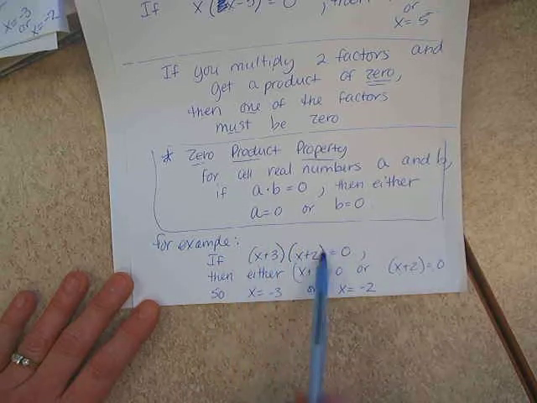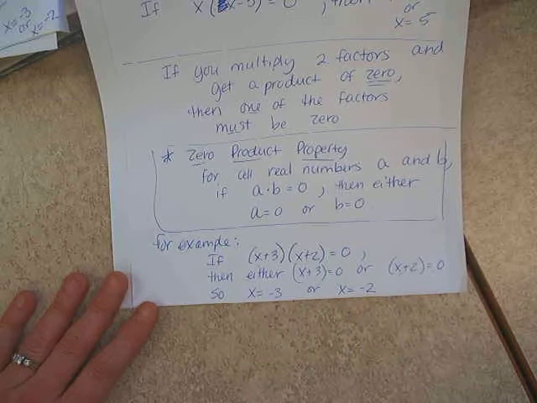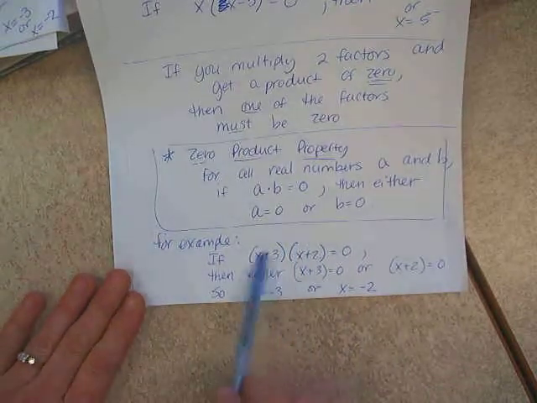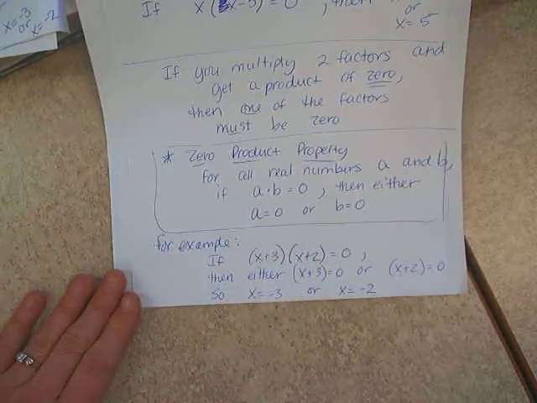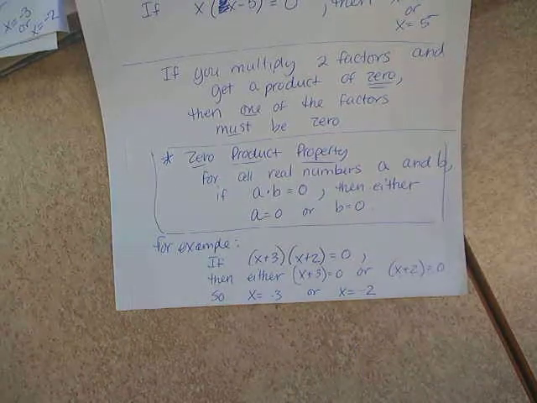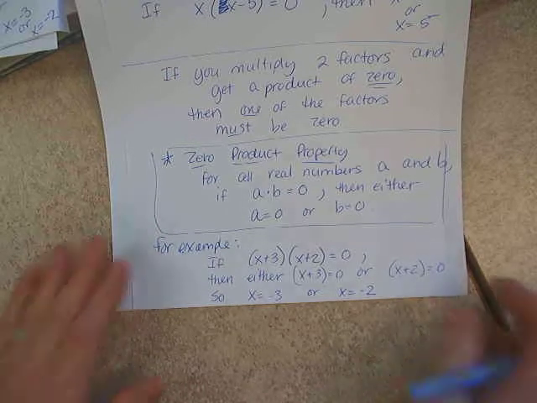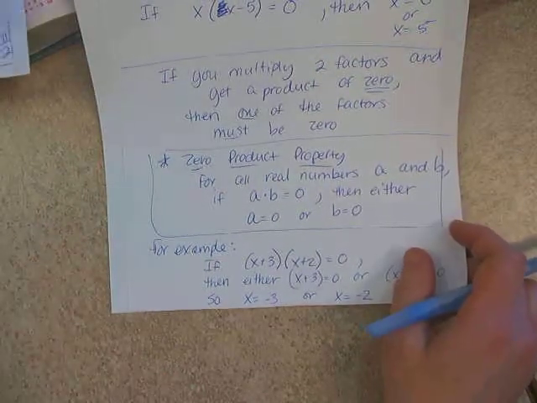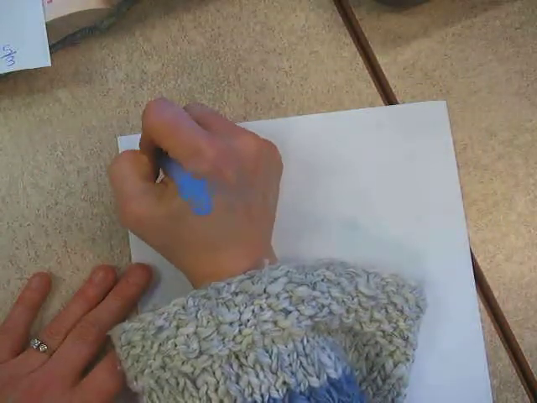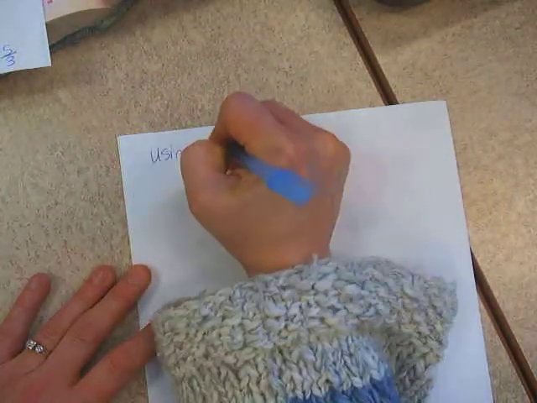So negative 2 makes it true. Just like if I plug negative 3 in, here I get 0, here I get negative 1, but 0 times negative 1 is 0, so it's true. Either of those numbers would make that true, okay? So this is how we're going to use our factoring to find the solutions of a quadratic, all right?